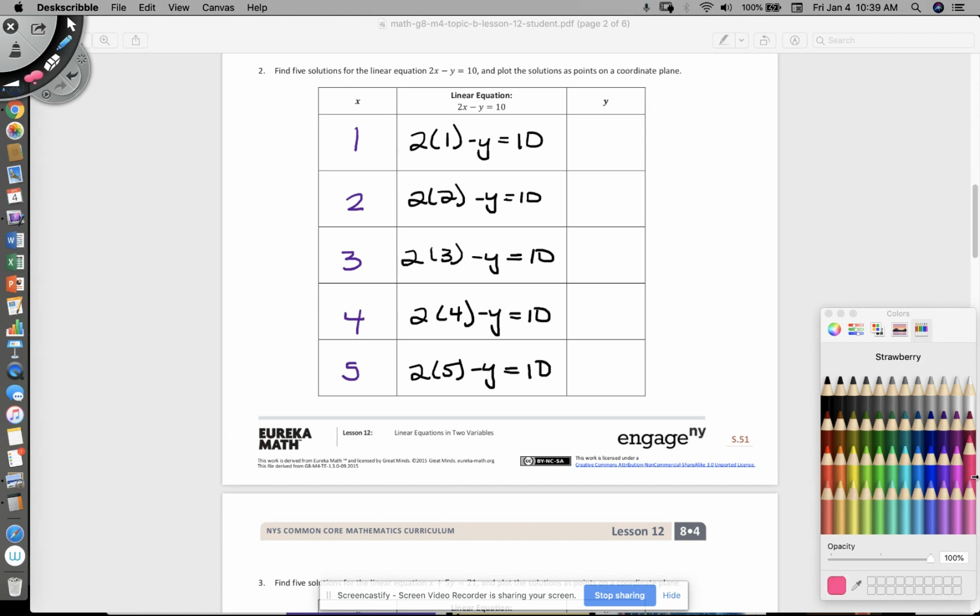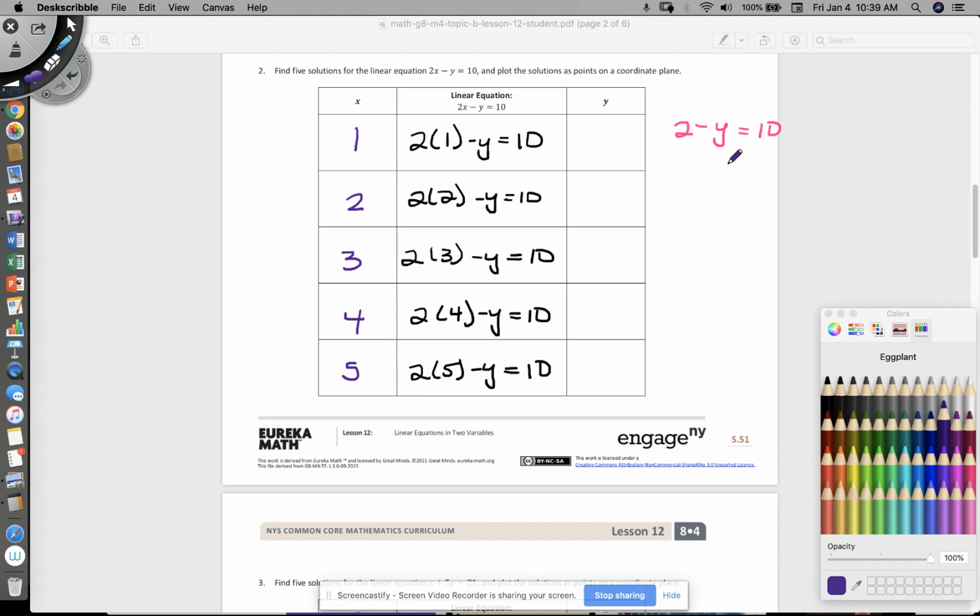All right. Now, you could use your calculator to help you, but I think these numbers, because we chose them, are rather small, but you do need to show some work here. So 2 times 1 is going to give me 2. Subtract y gives me 10. 2 take away what is going to give me 10? Well, if you're drawing a blank and you're not real sure, because now you can see I can't take anything away from 2 and get a perfect 10.